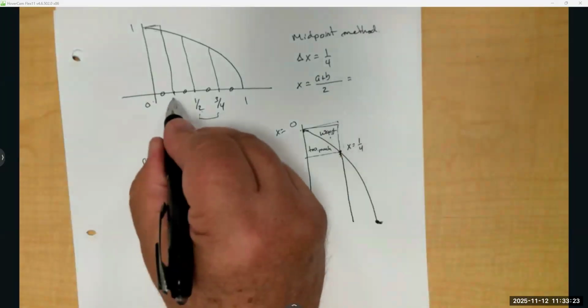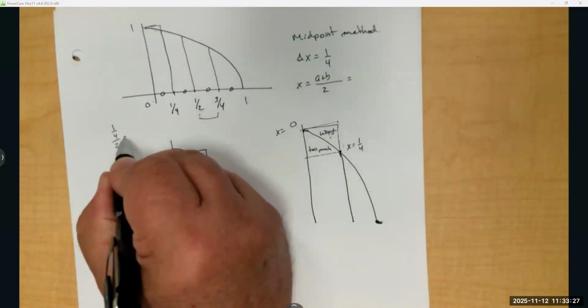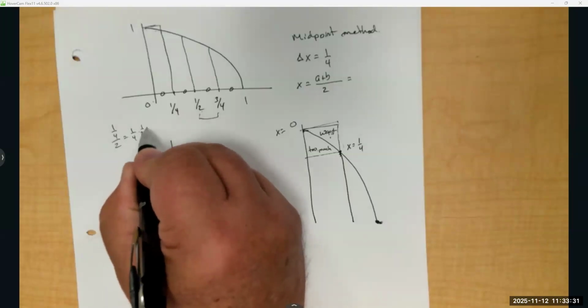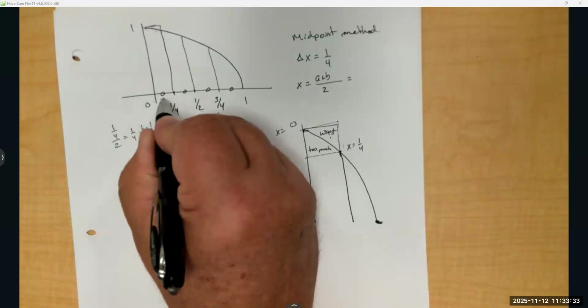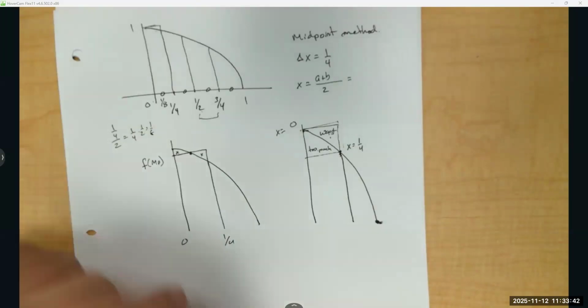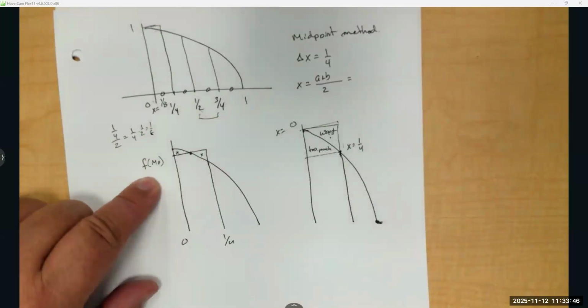So for the first one, it's 1/4 divided by 2, which becomes 1/8. So that's my first x. My first x I'm going to use is 1/8.